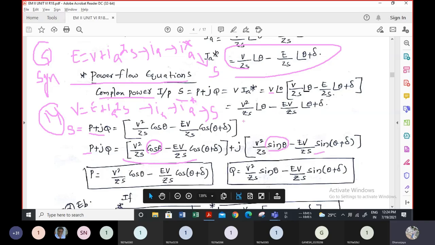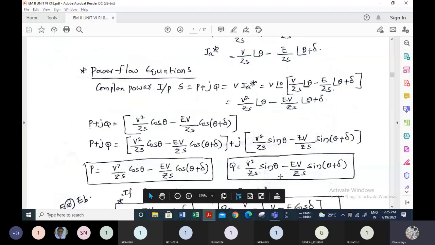So if I represent V square by ZS into cos of theta, then it will be active power. If I represent V square by ZS into sine theta, then it will be reactive power. So this total term will be active power, and this total term will be reactive power. Here V square by ZS cos theta minus EV by ZS into this total will be active power, and the other will be the reactive power.